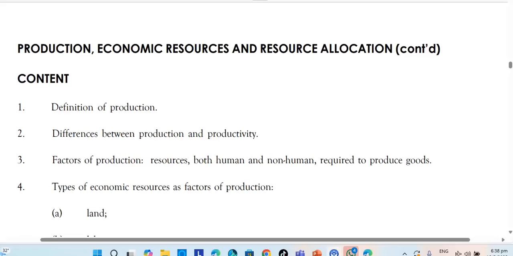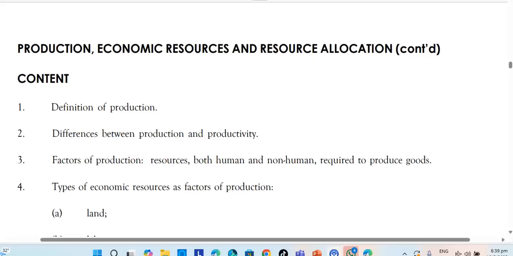Example, soil, water, minerals, forest, sunshine, the ocean. So land are all natural resources that are used in production. Example, a farmer might use land to do what? To grow crops.